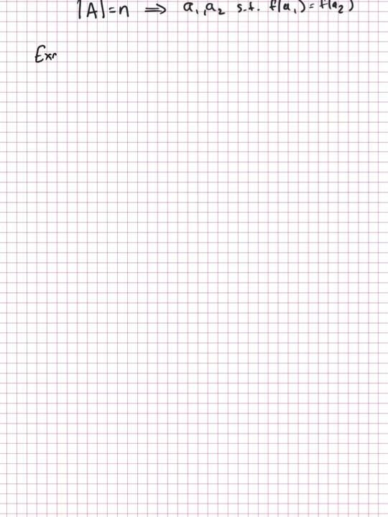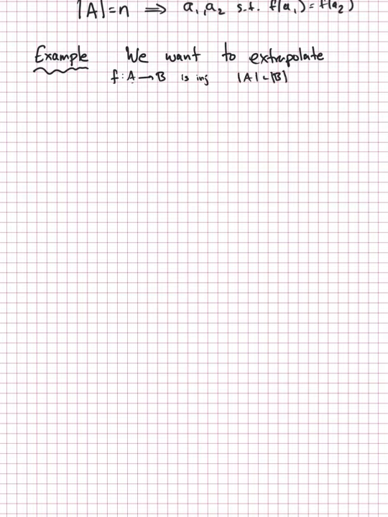We want to extrapolate this fact, that if f from A to B is injective, then the cardinality of A is less than or equal to the cardinality of B. What we really want to do is extrapolate this fact to infinite sets. And somehow I keep forgetting, so less than or equal to.